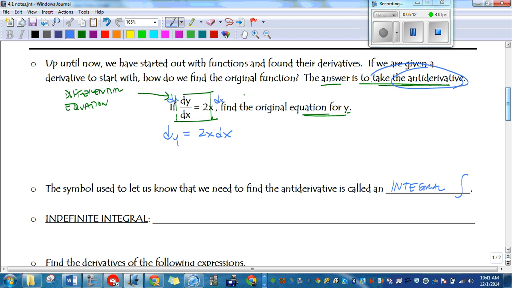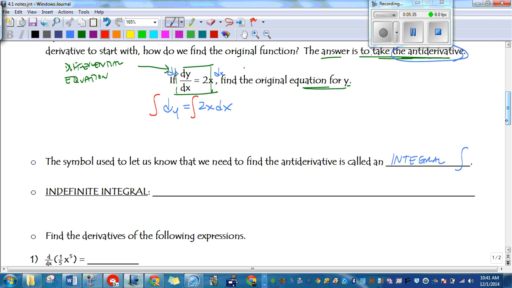At this point in this problem, we would take the antiderivative of both sides, so we can use that integral on both sides. That integral just means take the antiderivative. You're asking yourself what has a derivative equal to what's inside the integral.